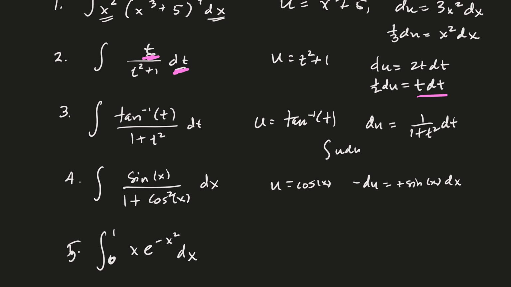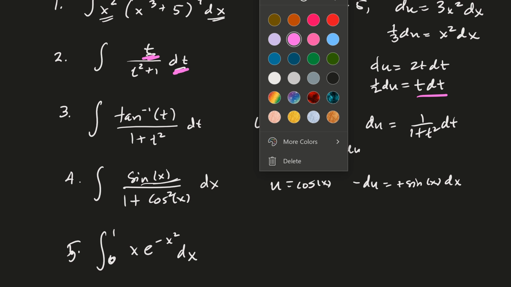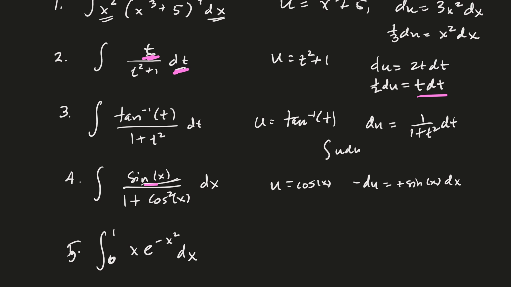So the substitution would take care of the sine of x dx, and then I would be left with the integral of 1 over 1 plus u squared du. Do you remember what that is? Sitting right here. That is the inverse tangent of u. Okay, I went too far on that one.